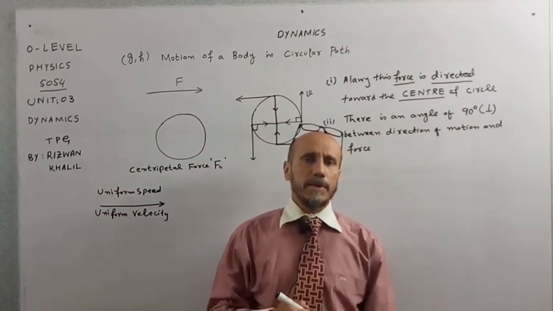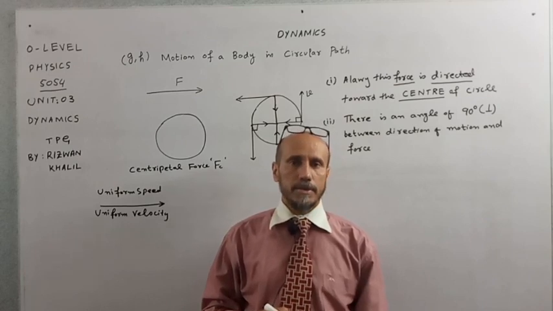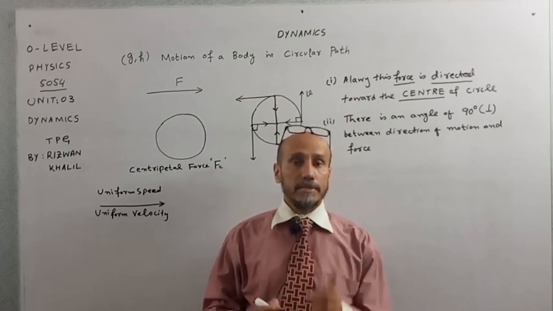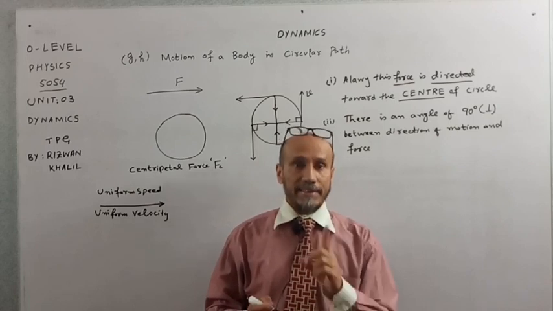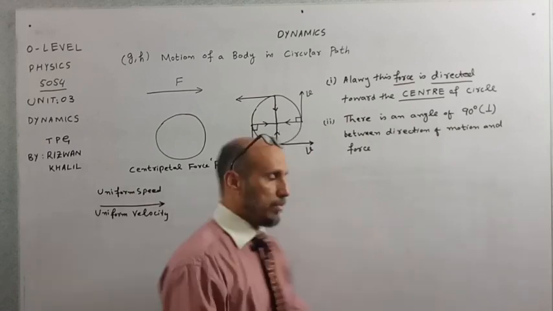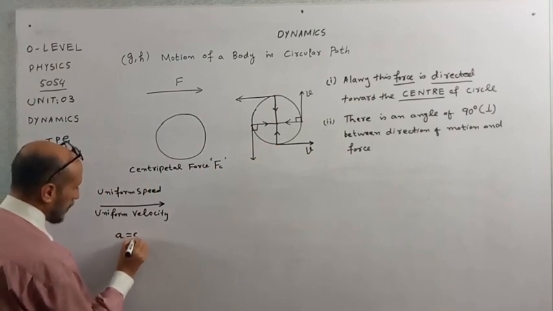Definitely uniform speed or uniform velocity means the body is moving with terminal velocity. So what will be the acceleration in the body if it is moving along the straight road? Definitely it will be equal to 0.